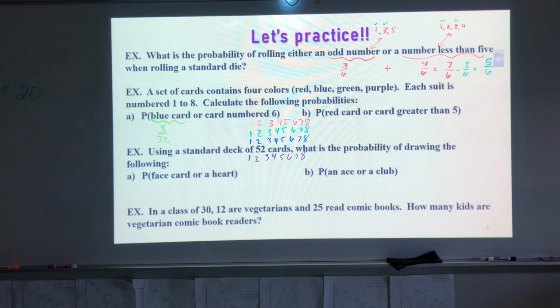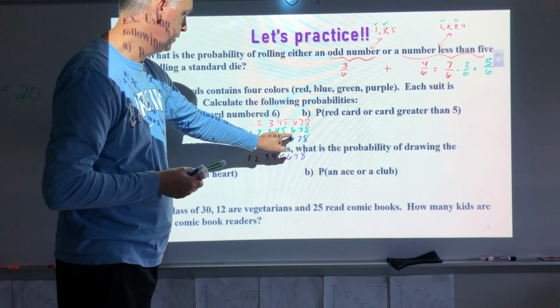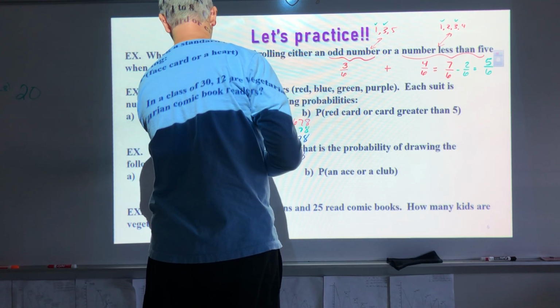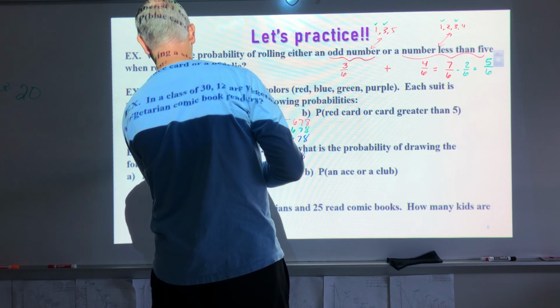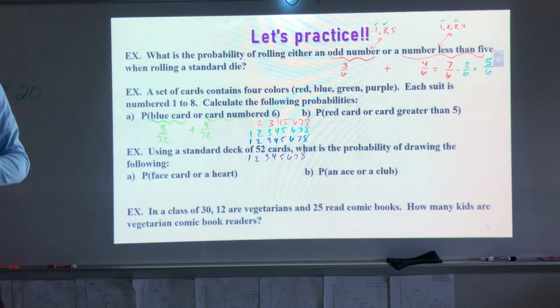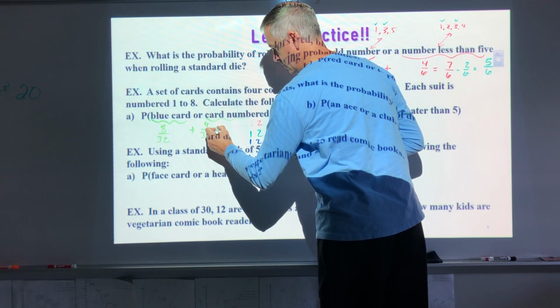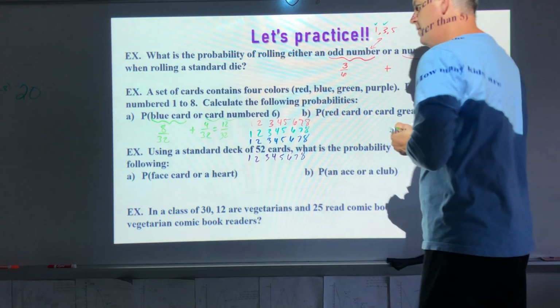What about a card numbered 6? Well, we got 1, 2, 3, 4. So we got 4 out of 32. So we're going to add those up right off the get-go. 8 plus 4 is 12 over 32.